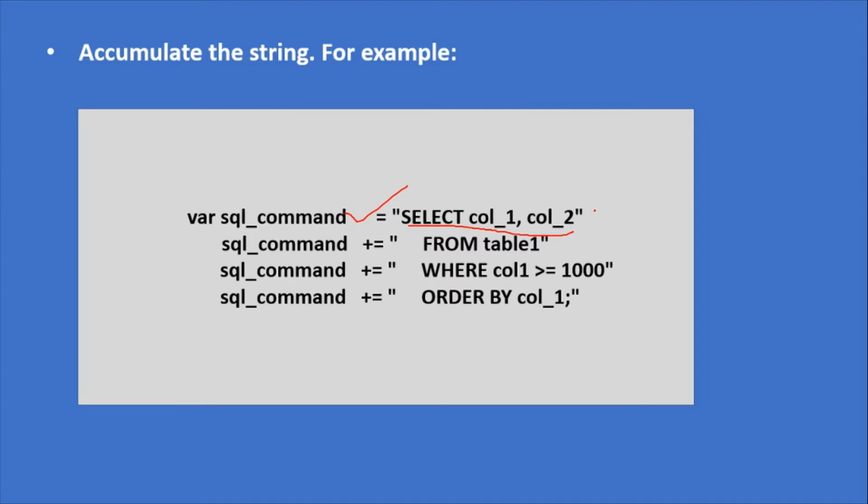It is optional in JavaScript, you can keep the semicolon or not, but in SQL you have to keep the semicolon if you want to close your query. So sqlCommand plus equal to, this is the syntax to accumulate the string. Now let's see the same with a demo.